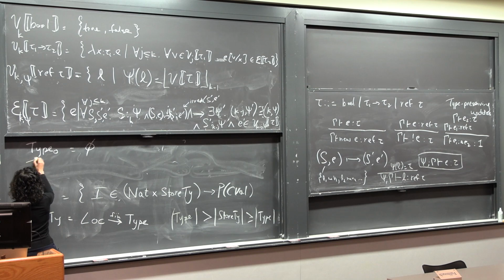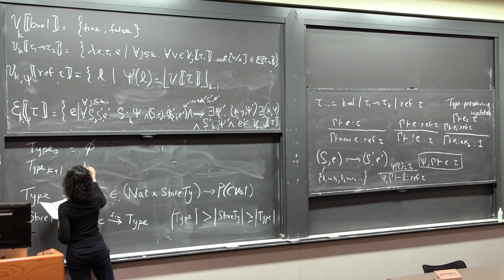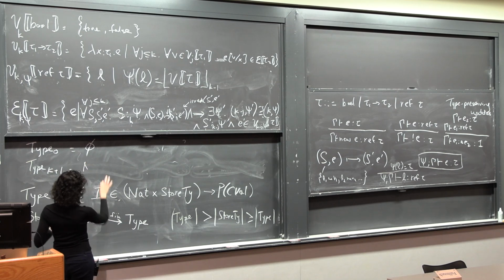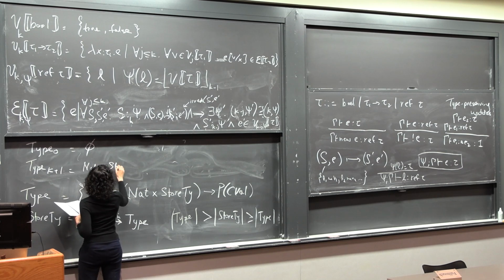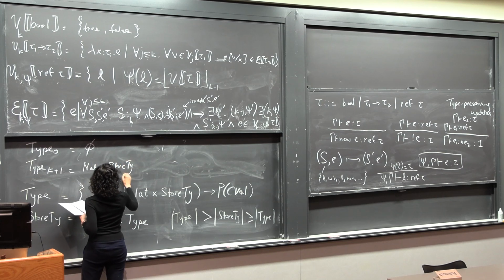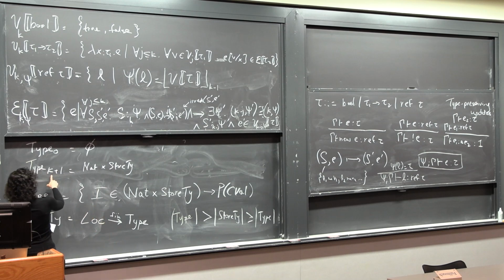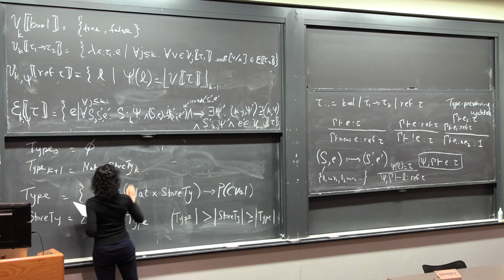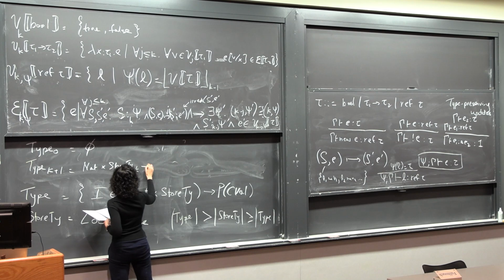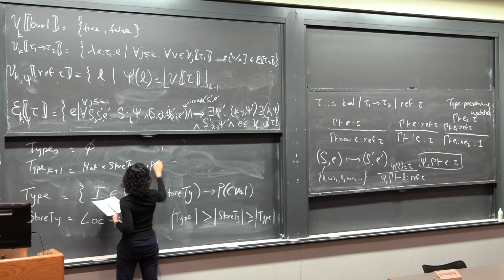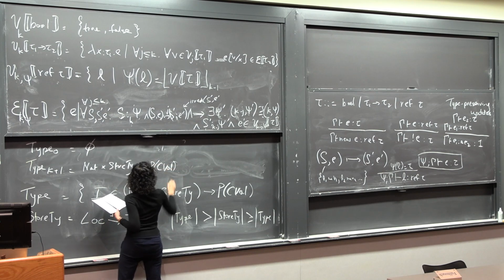But then I want to say that type at some level k plus 1 should take, I'll just write nat, give me a nat and a store typing. But now, for type at k plus 1, I want a store typing that comes from level k. Okay, and I'll define store type at different levels in a second. So if you give me that, then I give you back a set of closed values.